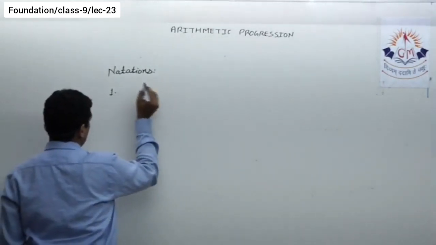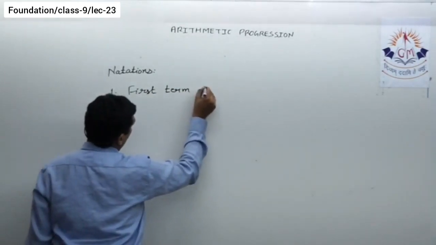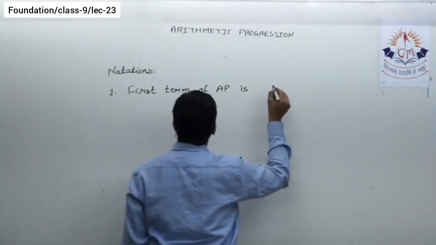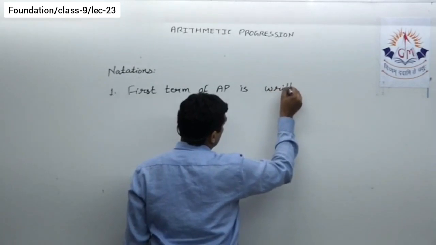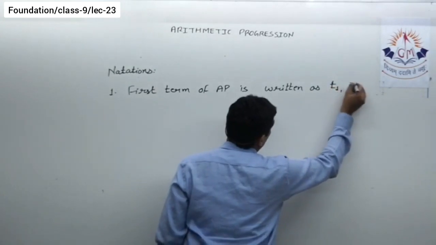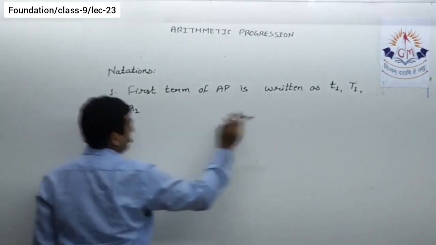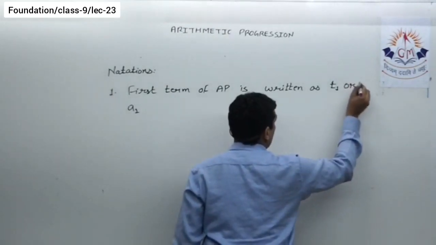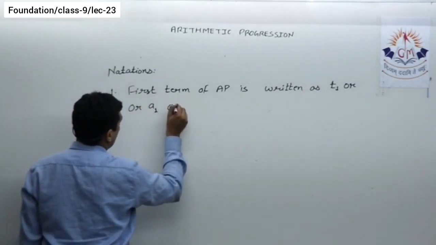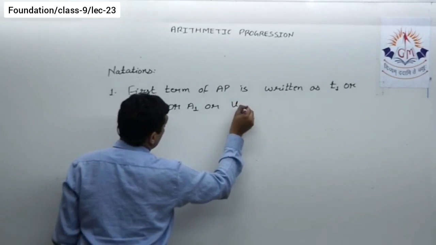The first term of AP is written as either small t1 or capital T1 or A1 or capital A1, or sometimes it is V1.